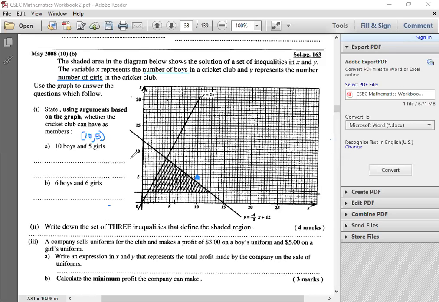So in this case, the club cannot have 10 boys and 5 girls. So no. You give your reason: the point (10, 5) doesn't fall within the shaded region.